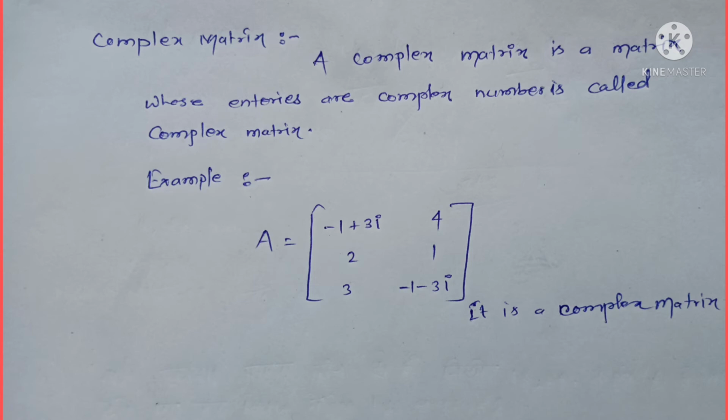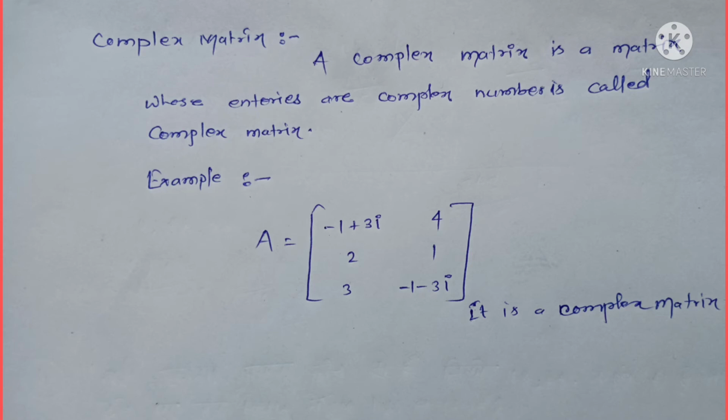Now the complex matrix form. A complex matrix is a matrix whose entries are complex numbers inside the bracket. For example, capital A equals 1, minus 1 plus 3i, 4, and second row 2, 1, and third row 3, minus 1 minus 3i, close the bracket.